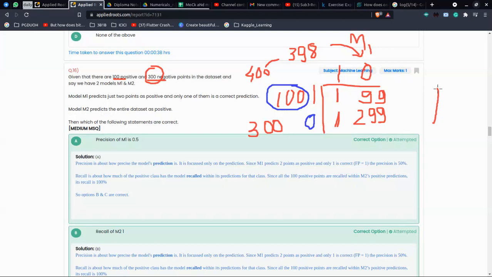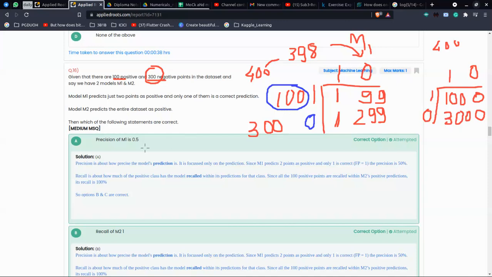So for all 400 points I am saying positive, no negative values, so here it would be 0, 0, simple. Out of 400, my 100 positive points are covered. Now all these 300 points would be incorrectly classified. 300 are negative but I am saying positive, so these are my false positives.